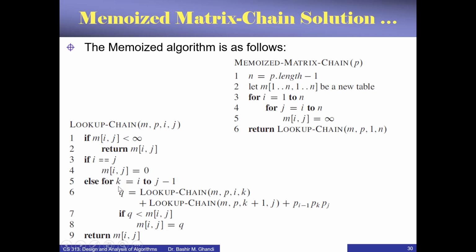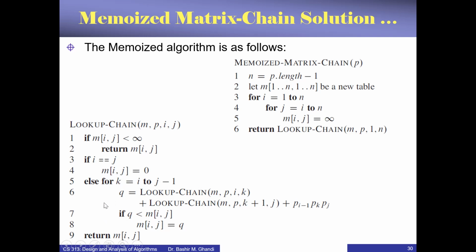Now, if this q is smaller than what is already in the array at position m[i,j], then update the value at m[i,j] with the new value. Otherwise, don't bother, just go and do another iteration.